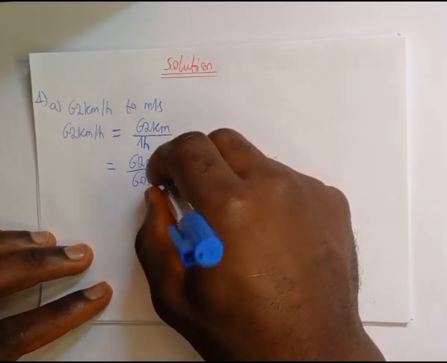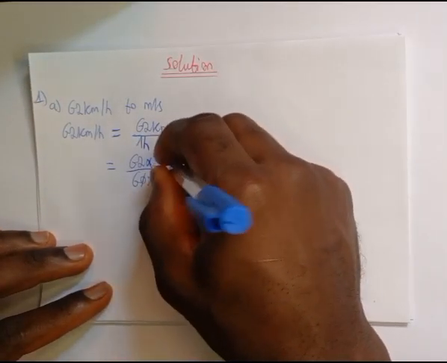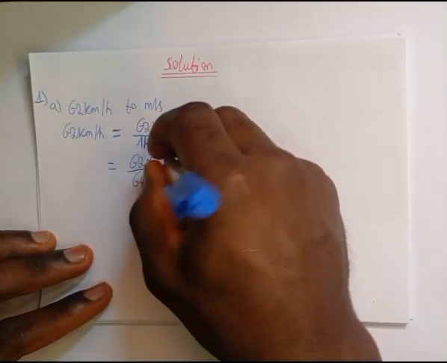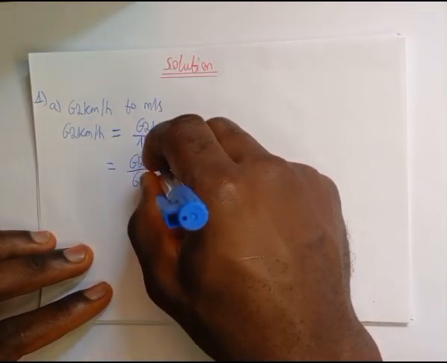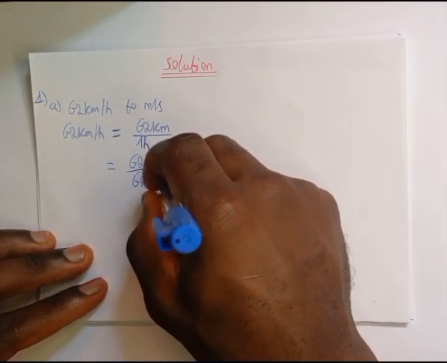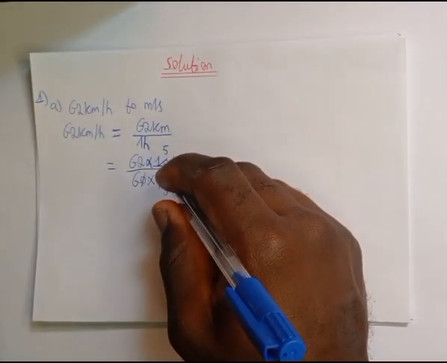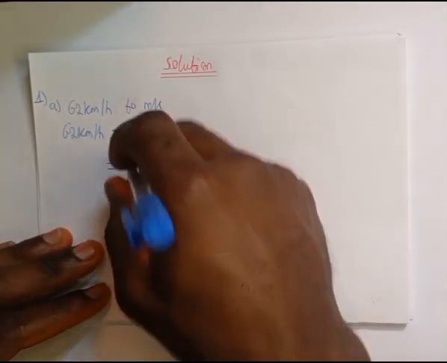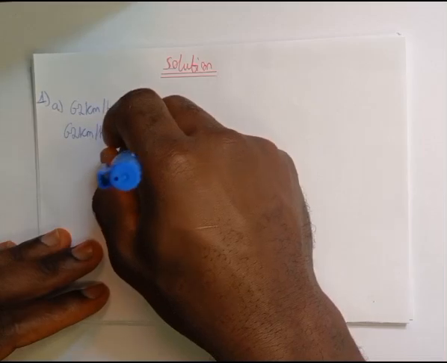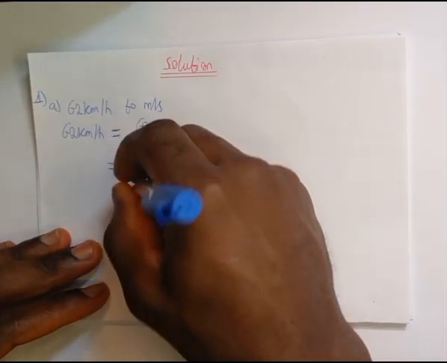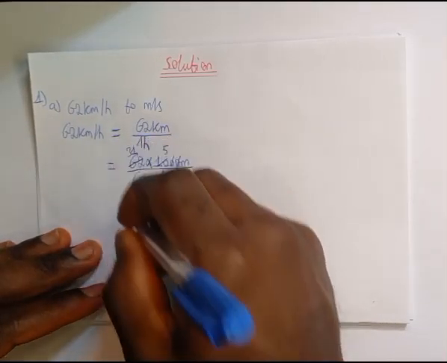Carrying out simplification, these two zeros will strike off 2 zeros here. 2 will go into 10 5 times, 2 will go into 6 3 times, 2 will go into 62 31 times.